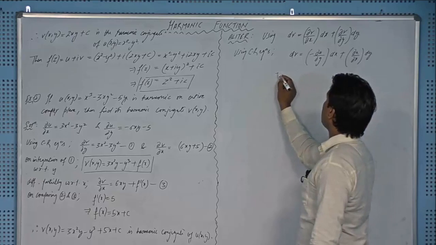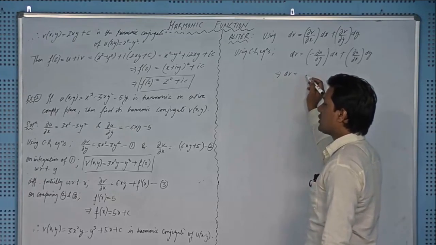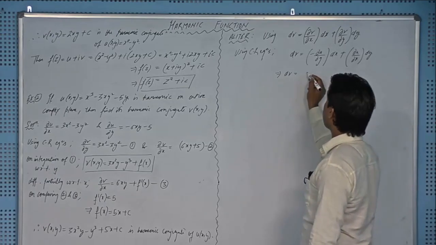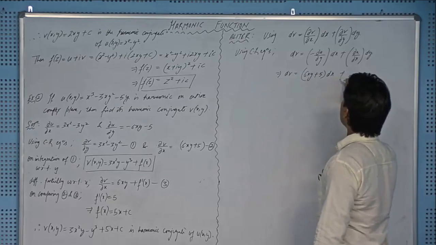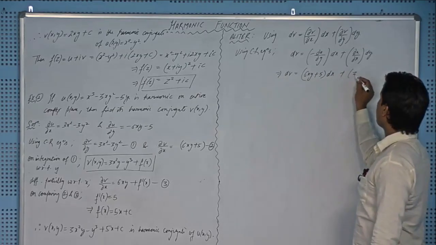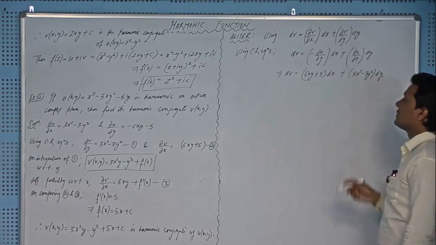It implies that dv is equal to the negative of del u over del y, that is, 6xy plus 5 dx, plus del u over del x, that is 3x square minus 3y square dy, right?